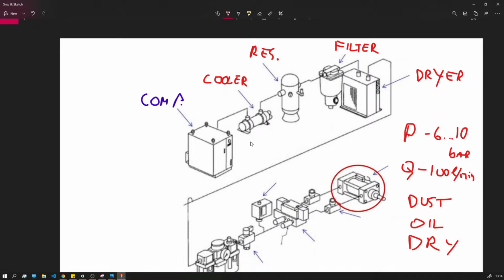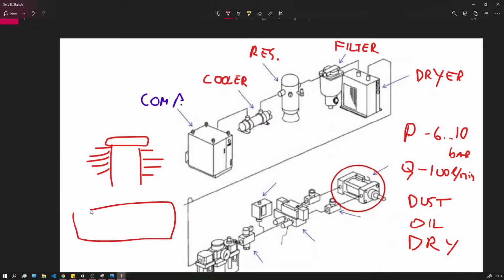The most basic compressors you can buy from the hardware stores have the compressor, and the cooler is basically built into the compressor. The piston is covered with fins to provide some cooling. You have the reservoir just beneath the compressor. Usually the compressor itself is on top.